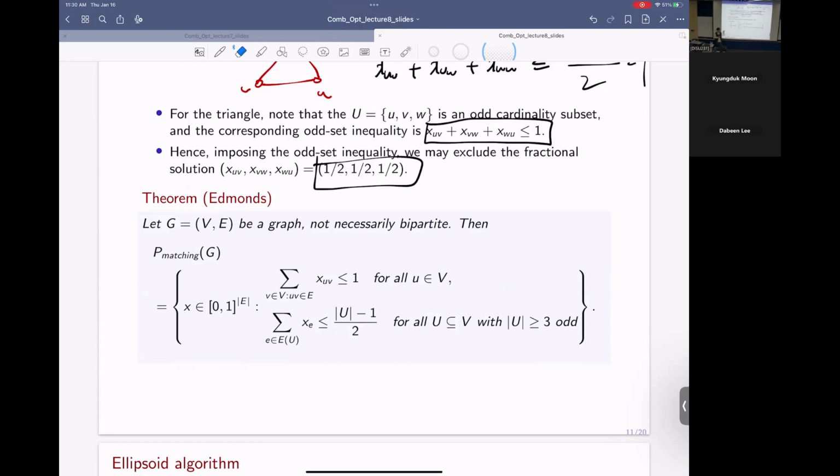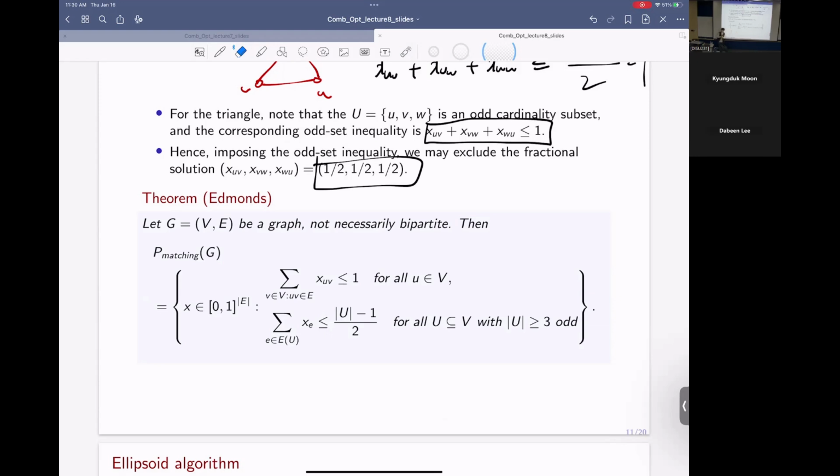But one issue is that the number of degree constraints is equal to the number of vertices, but the number of odd set inequalities is equal to the number of odd sets. And you have to enumerate exponentially many combinations of odd numbers of vertices. So writing down the entire set of inequalities is expensive.